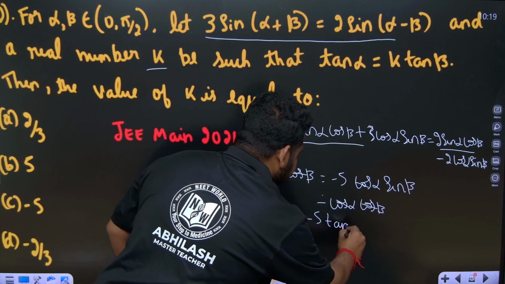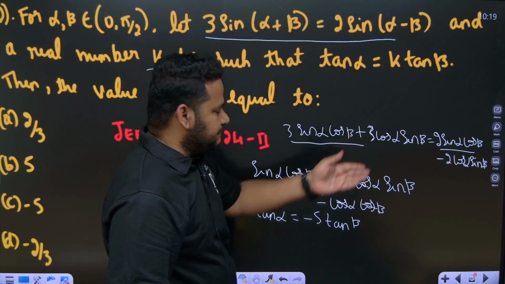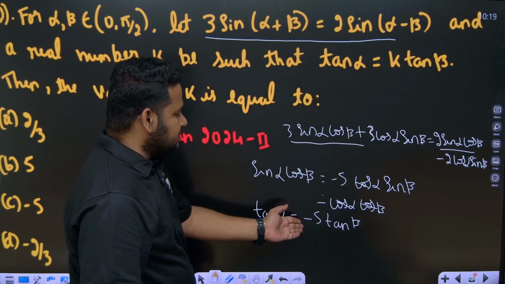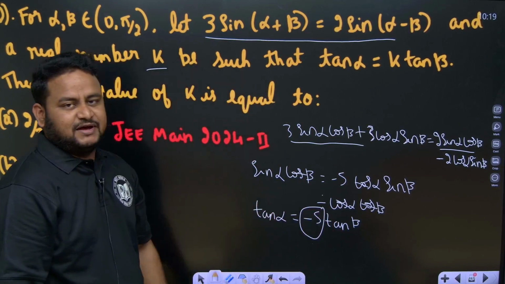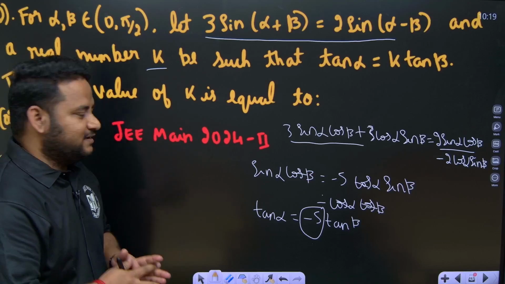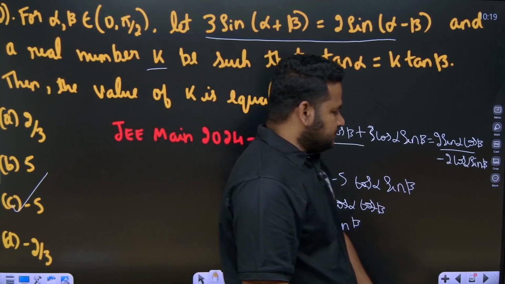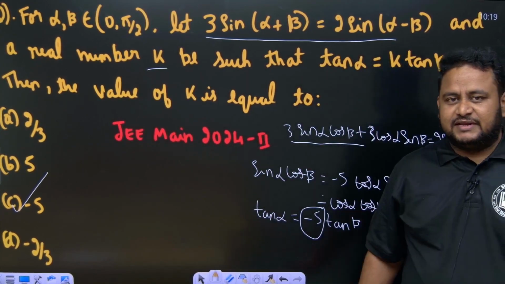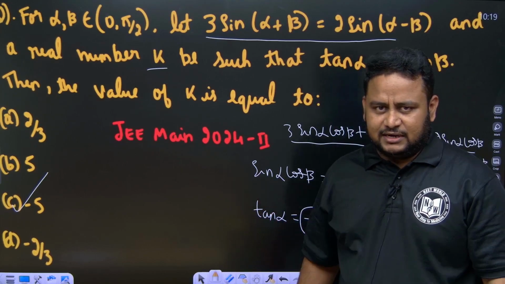Which is nothing but what I got, tan alpha is equal to k times tan beta. So tan alpha is equal to minus 5 times tan beta. So the value of k is what? The value of k is minus 5. Very easy question, right? So it is minus 5, that is option C. Very simple question. Such questions you should never leave.